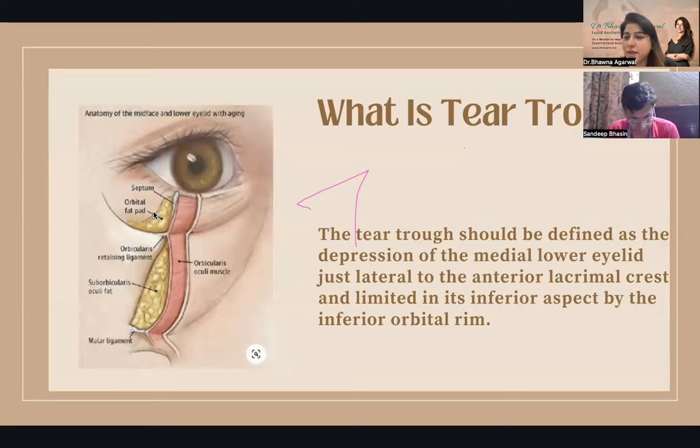It can be found even after 10 to 12 years. So if you are above the ORL or behind the orbital septum, it's a trouble forever, because behind the orbital septum, it is very resistant to even hyaluronidase.